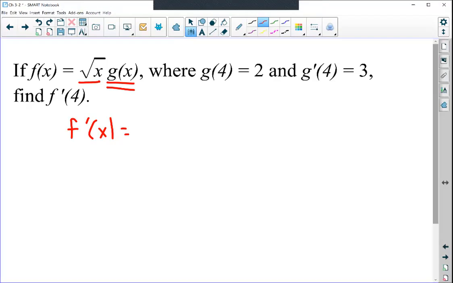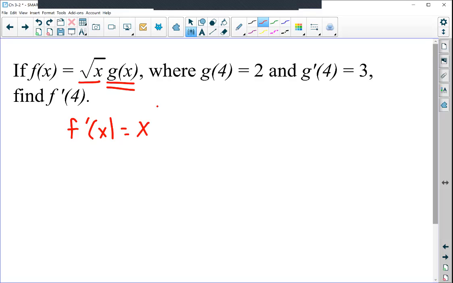So I'm going to take my first, and again, I would probably write the square root of x as x to the 1/2, times the derivative of the second. What is the derivative of g of x?